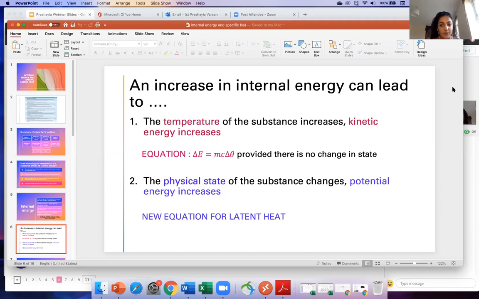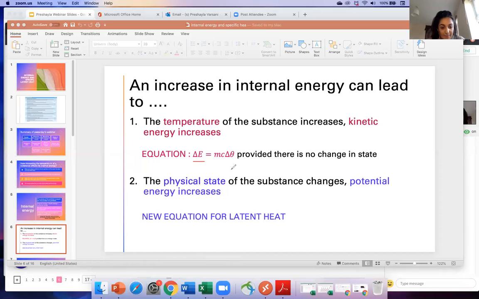Now, one of the equations we've already met, and that is Q equals mc delta theta, or delta E equals mc delta theta. This is also known as the specific heat capacity equation. Delta E is the change in heat energy. M is mass.